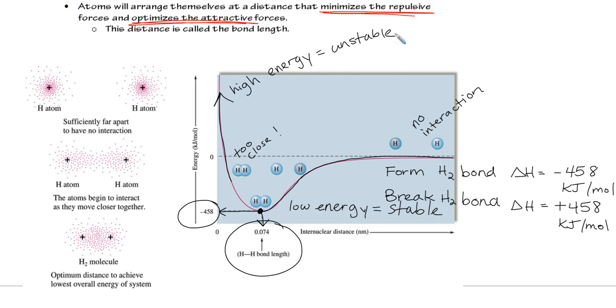We don't want that, right? So we're really only concerned with the lowest, most stable energy level on a graph like this. I can almost promise you that you'll see something like this on the AP test. And if you do, time for a fist pump, because it's really easy. You'd crush it.